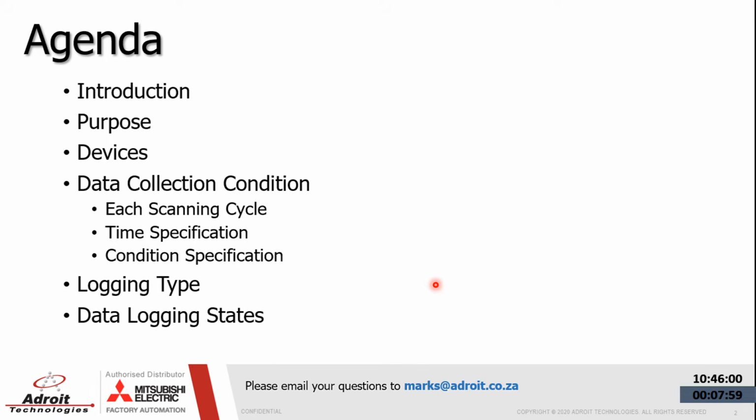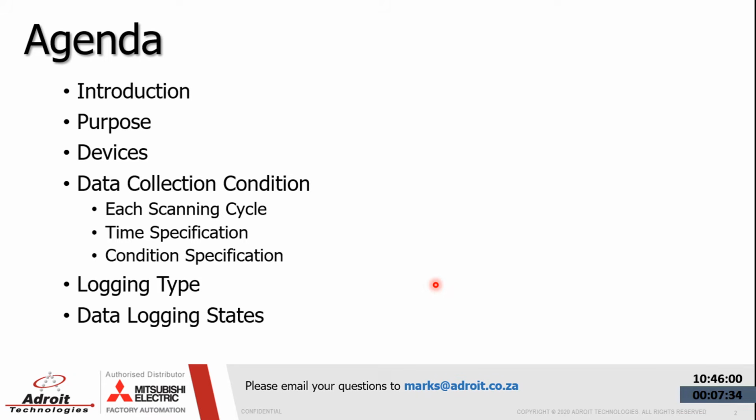So a quick introduction. This is our agenda: the purpose of the logging configuration tool, the devices you'll actually need to set up the configuration, then the data collection condition, which is when you will actually collect the data, as it says, each scanning cycle, time specific condition. I'll explain further as we go along.